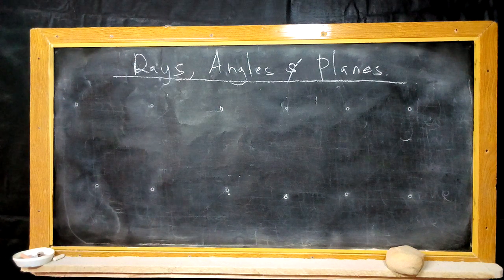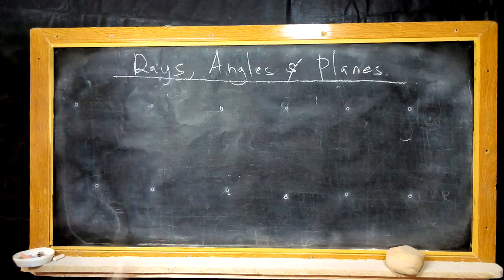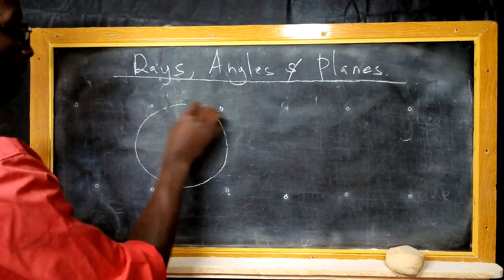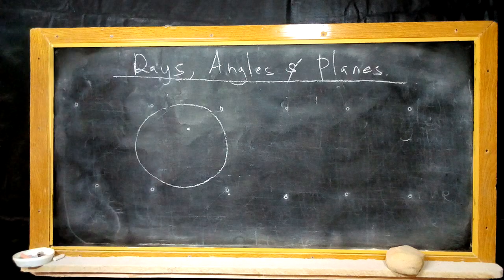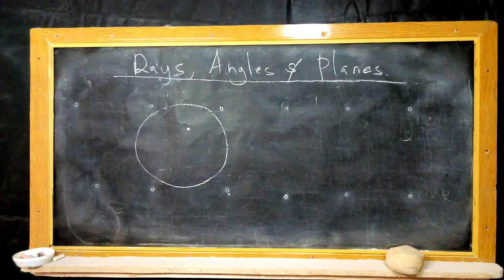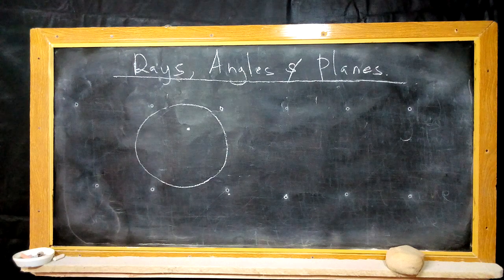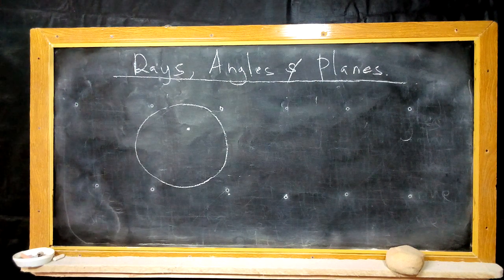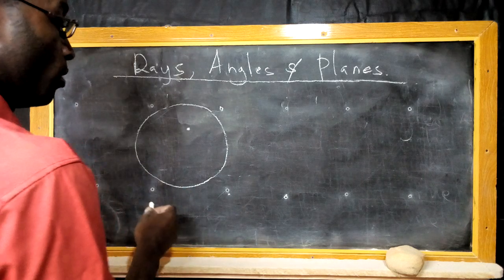As we said, a point like that is an infinitesimally small single location in space that has no length, width, or height, but only a location. Suppose this is just an arbitrary section in space.